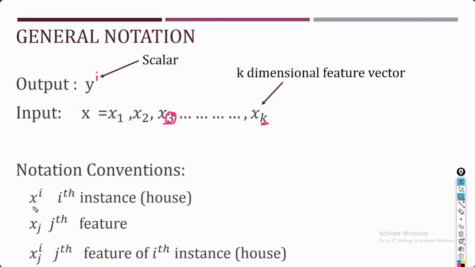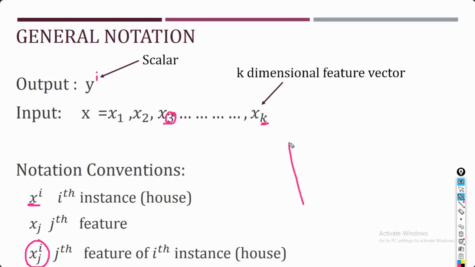So you can see here x with superscript i, that means the ith instance, and subscript j, that means the jth feature. Written this way, it is the jth feature of the ith instance.